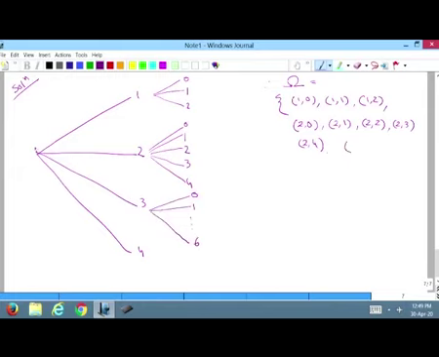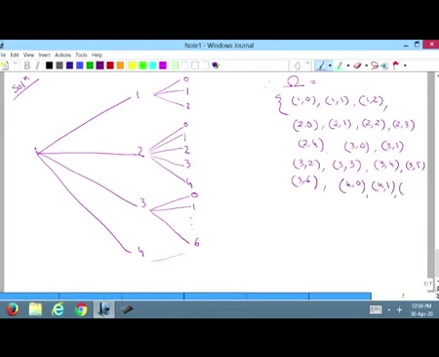Therefore, the points are going to be 3 0, 3 1, 3 2, 3 3, 3 4, 3 5 and 3 6, and similarly from 4 you may get 4 0, 4 1, 4 2, 4 3, 4 4, 5, 6, 7 and 8.